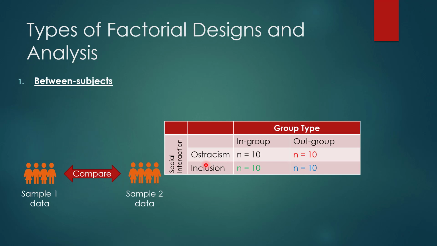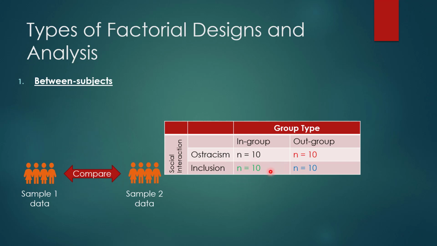So each level had an N of 10. And so here there's an in-group ostracism group, and we needed 10 people for that. Then we had an out-group ostracism group, and we needed 10 more individuals for that group. Then we had an inclusion in-group.